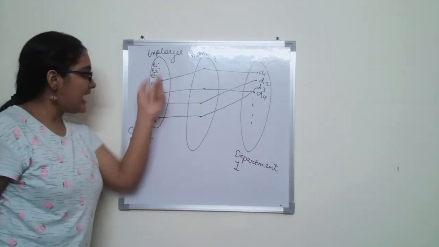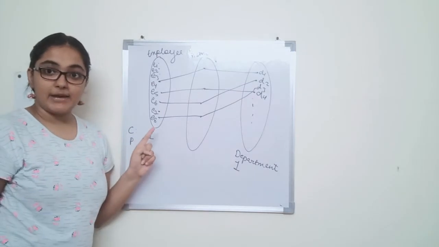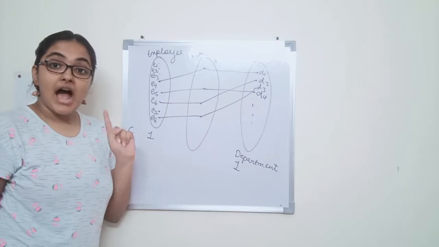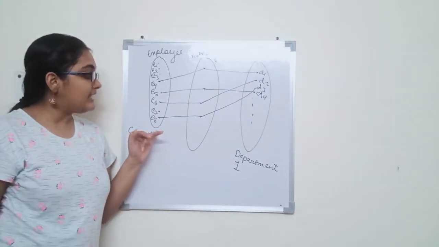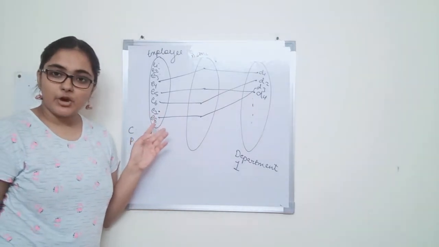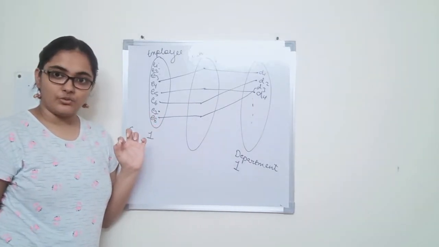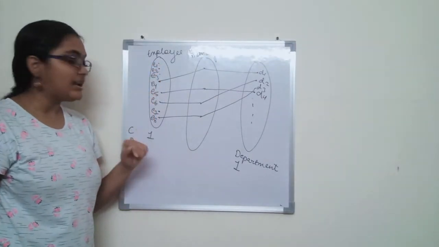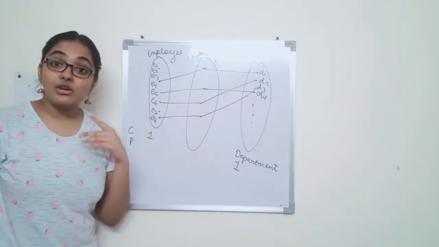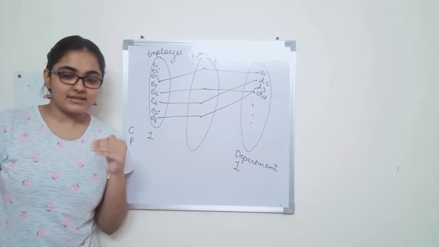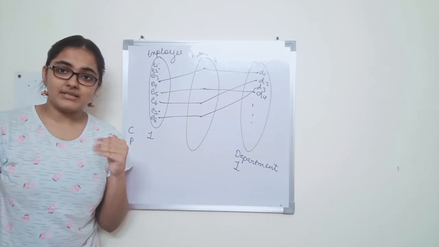Does every entity of the employee entity type participate in at least one relationship instance? No. At least how many relationship instances does each entity of the employee entity type participate in? 0. Why? Because E1, E2, E3, E7 are not participating in even one relationship instance. So the minimum number of relationship instances in which each entity can participate is 0.